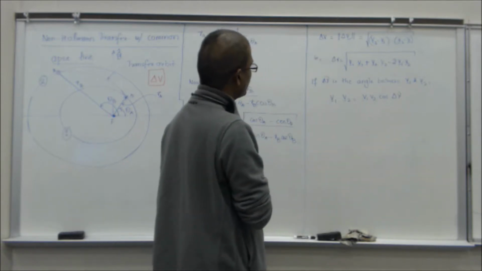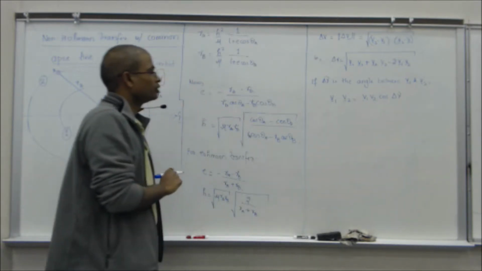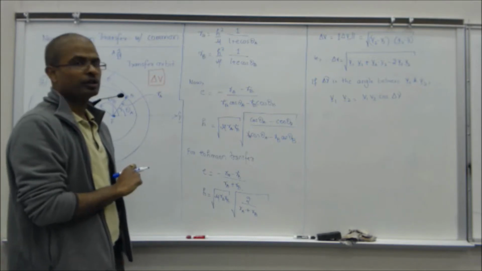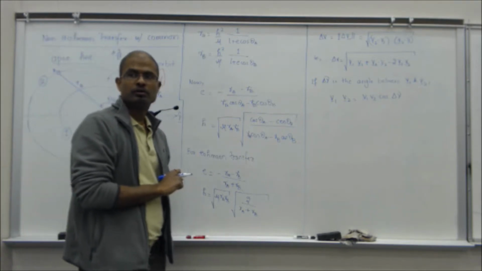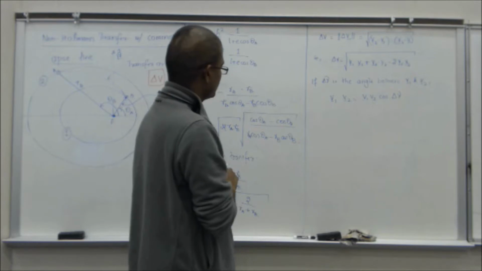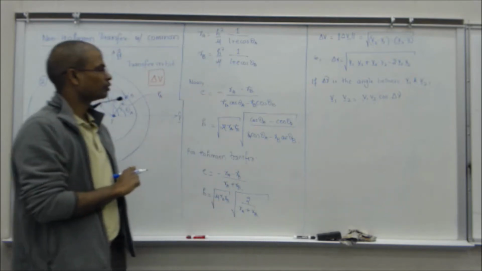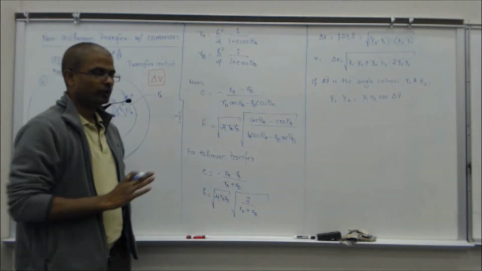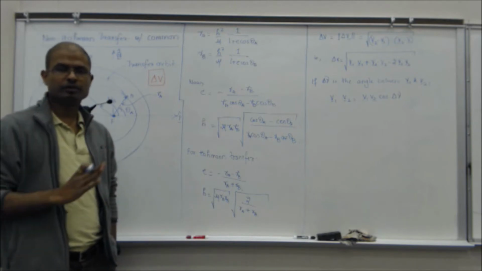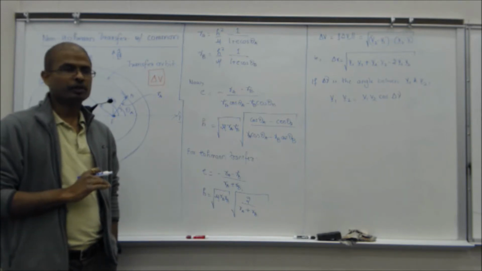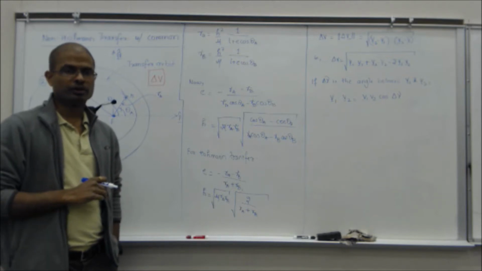All right. Do you understand what we did here? What I did here? See, when you're dealing with Hohmann transfer, the velocities are in the same direction, right? So your delta V, you don't really have to consider the vector aspect of it.